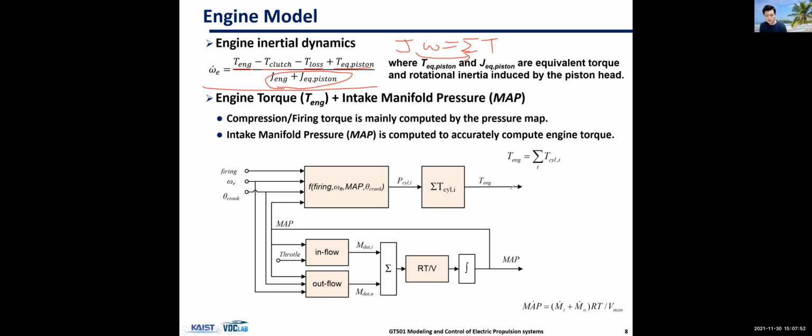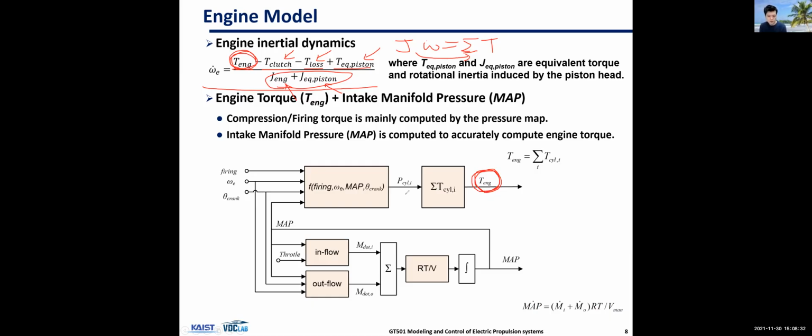But to summarize what's going on, what we need to compute is this part. So clutch is input, right? It was given from the clutch model. This is given. This is also calculated. This is a given parameter. This is a model parameter. So we need to compute engine torque, right? And so this is now the output we are trying to compute.